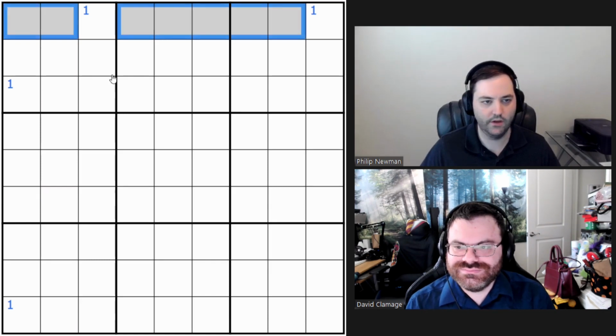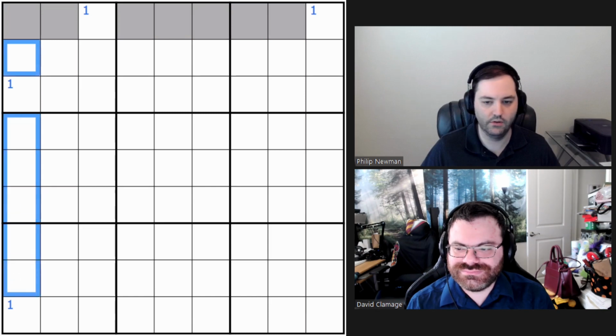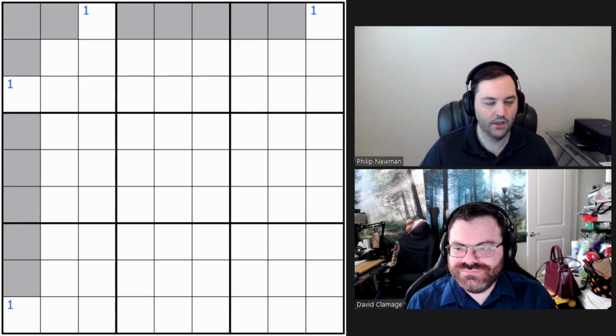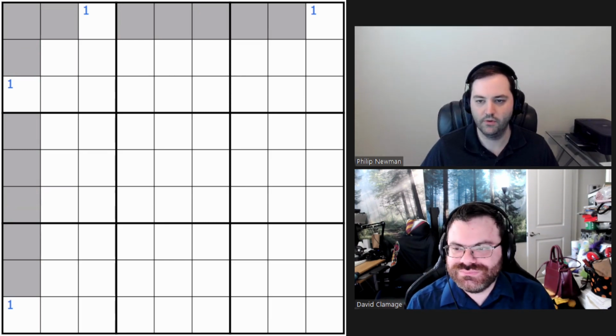So what we're going to say here is that 1 can't go in any of the gray cells in that row or in that column. So we're just imagining that 1 is limited. If you remember from the first episode, this is called a two-string kite.